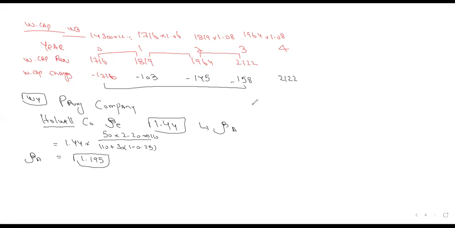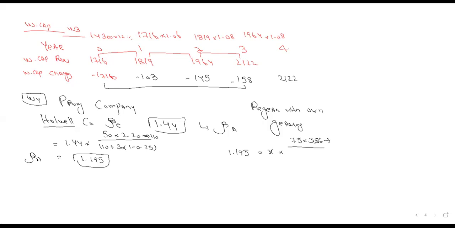Now re-gear, but with our own gearing levels. Do not again re-gear with the proxy. You are not solving the question for the proxy company. You are solving the question for the Cosmore company. So the beta asset is 1.195. Beta equity we have to find. Now the value of equity for the Cosmore company was given. Its number of shares were 75, per share price 3.8.